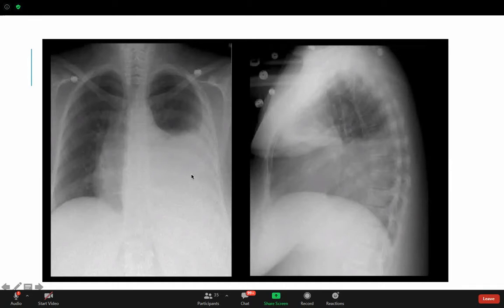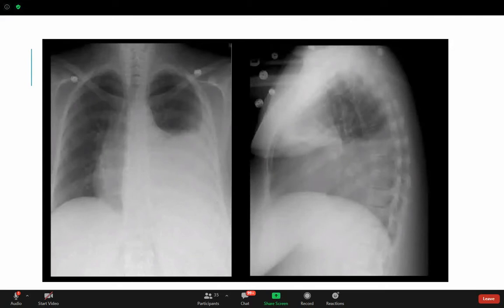But when you have an X-ray, you'd like to basically outline the abnormality, then try to reach the cause. So we see a whitening, or what we call opacification, in the left lower zone of the lung, okay? So we call it opacification. You are just describing the abnormality, okay?